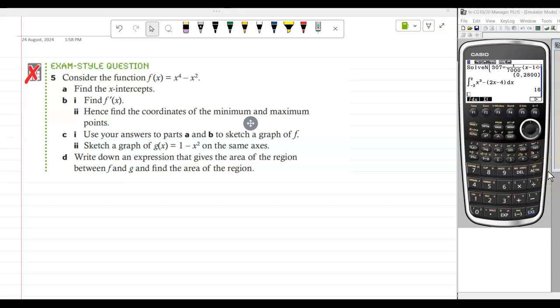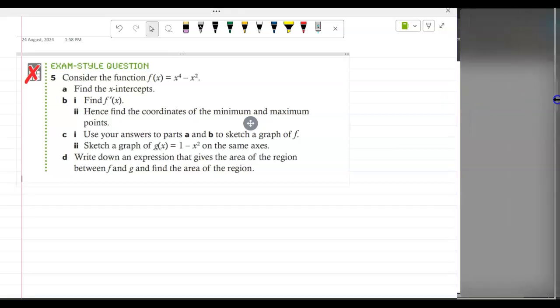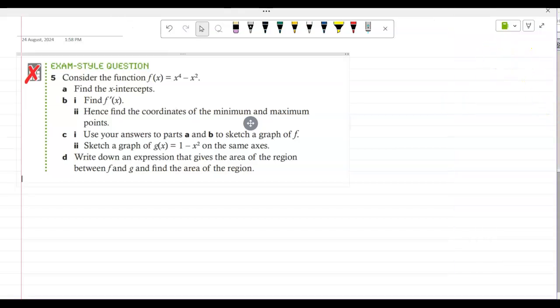To find out the x-intercept, you put y equals 0. Right, so this is without calculator. So I'm hiding the calculator now. Looks neater. Remove x square common.